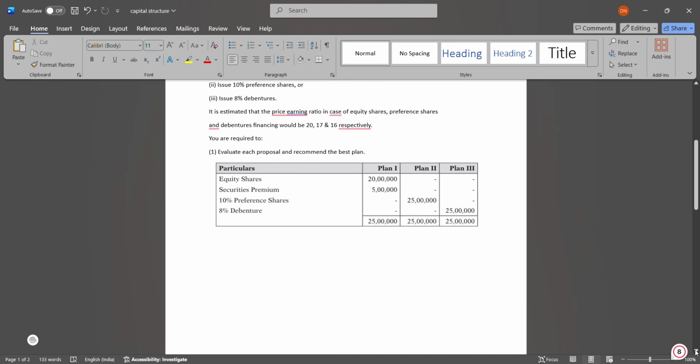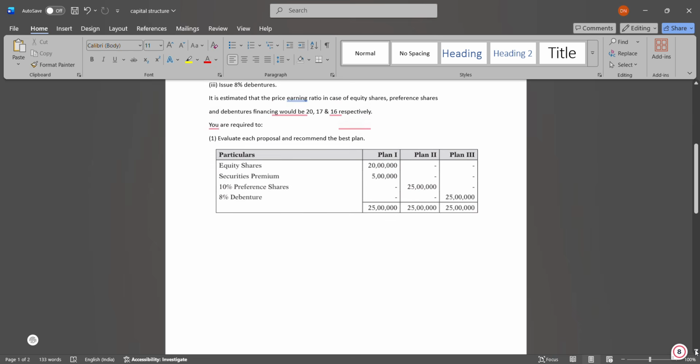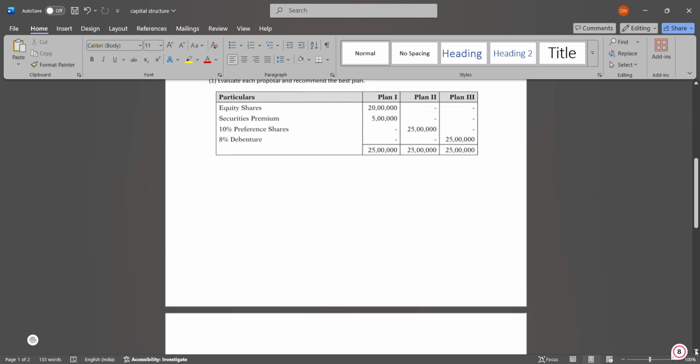Now, first let us understand the plan. As I said, the total prior investment is rupees 1 crore, and the new investment plans are, the first is equity shares of 100 each, 20,000 shares, that is 20 lakhs, and the company's security premium is rupees 25 each, which contributes rupees 5 lakhs.